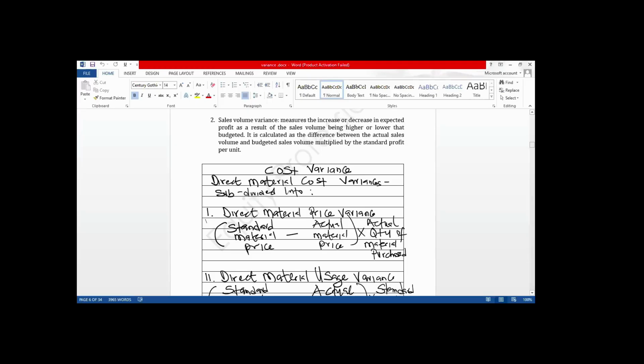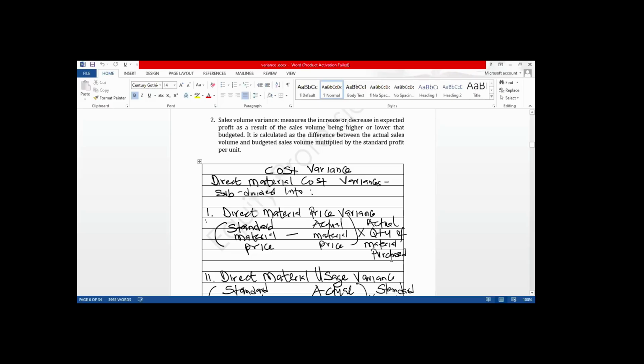If you are to calculate direct material price, please look at the formula on your screen. Standard material price minus actual material price, put it in brackets, then multiply by actual quantity of material purchased.